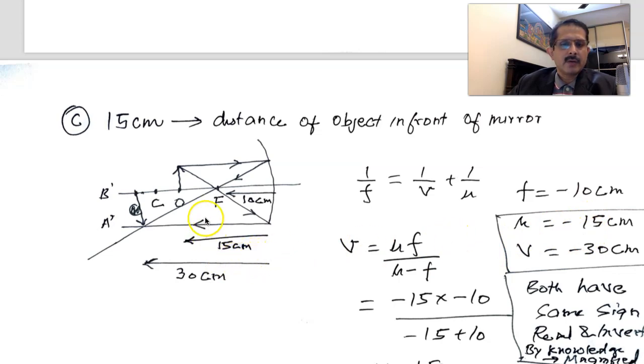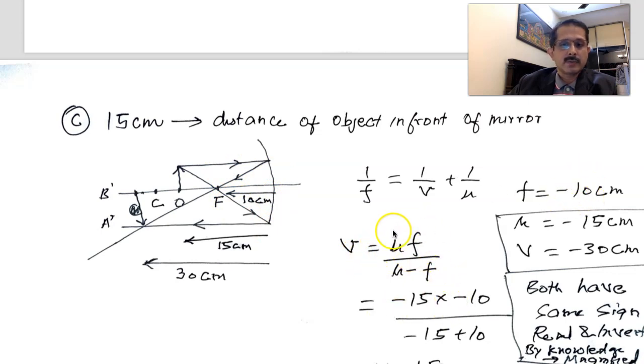Same in the case of the focus. As I always said, the direction of the focus would be from pole to focus. Again, it is opposite to the incident ray, so F is equal to -10.